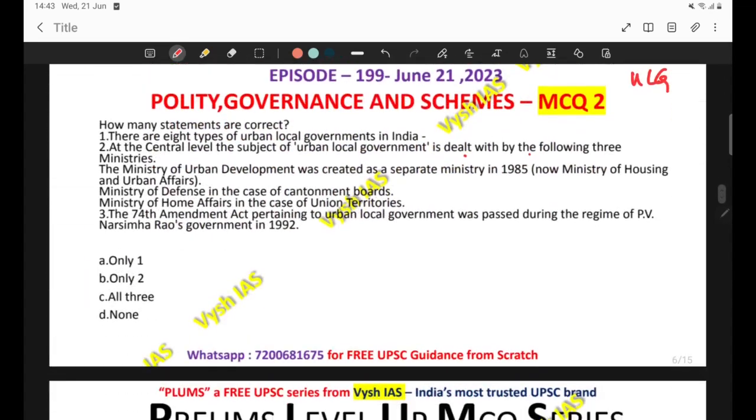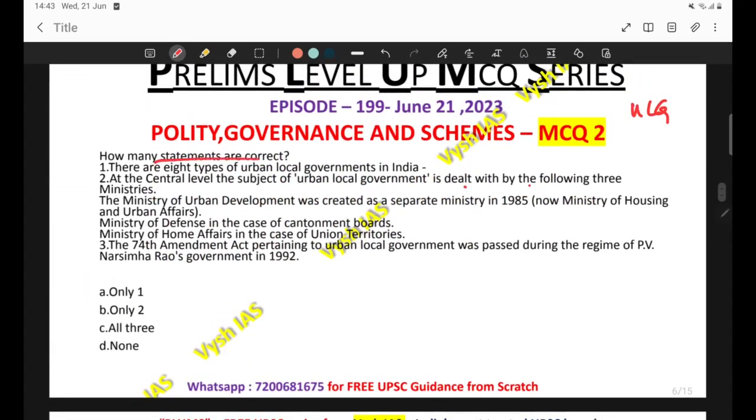Now come to the next question. How many statements are correct? There are 8 types of urban local governments in India. The question revolves around local self-government. I am again telling you, this topic is very important from the UPSC perspective. You will get some quality questions from this area, and many candidates neglect this portion.